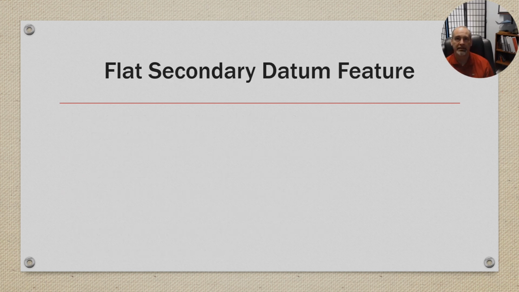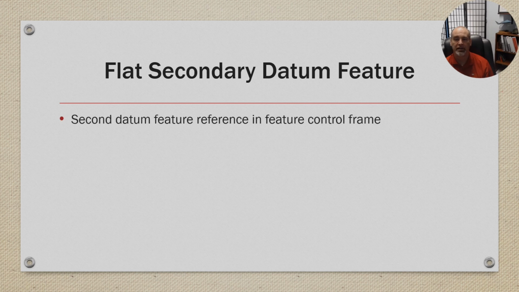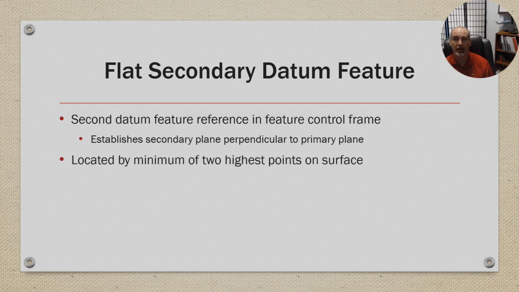Okay, the flat secondary datum feature. The second datum feature is referenced in the feature control frame, so it would be in the second box. It establishes a secondary plane perpendicular to the first one, the primary plane. And it's located by a minimum of 2 highest points on the surface.